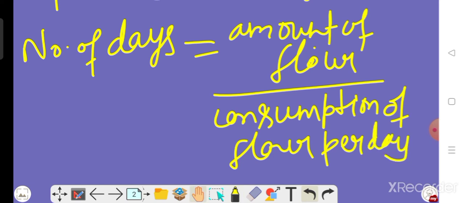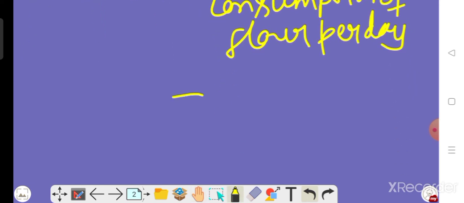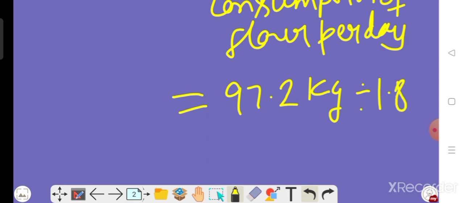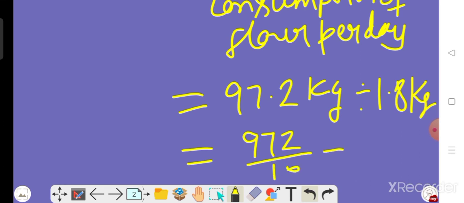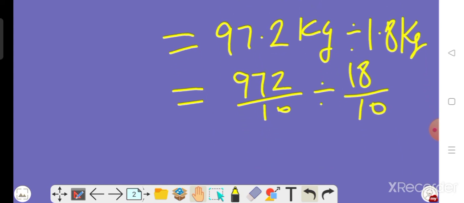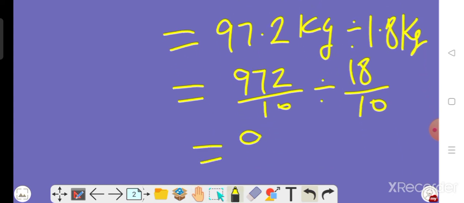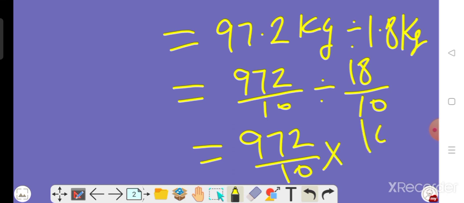So the number of days is equal to 97.2 kg divided by 1.8 kg, and this is equal to 972 by 10 divided by 18 by 10. So this is equal to 972 by 10, division will become multiplication, and this will become 10 by 18. 10 will cancel with 10.